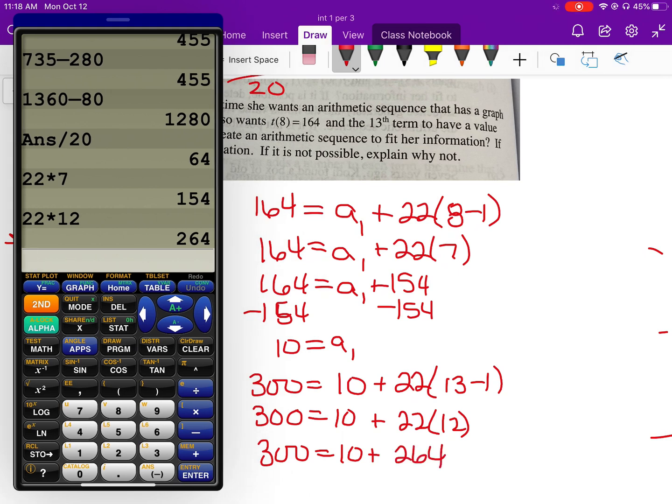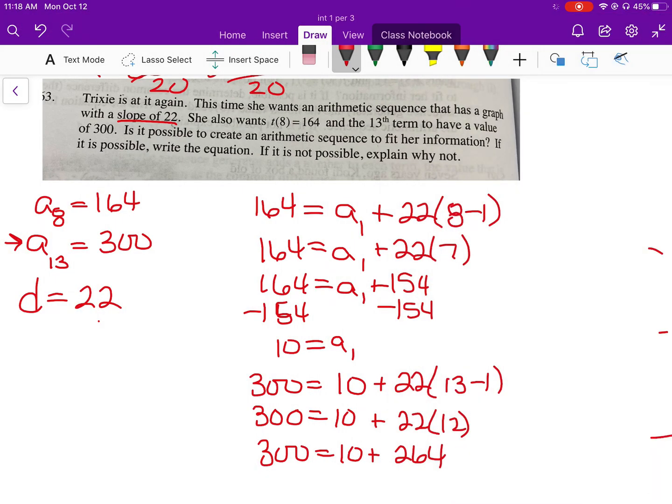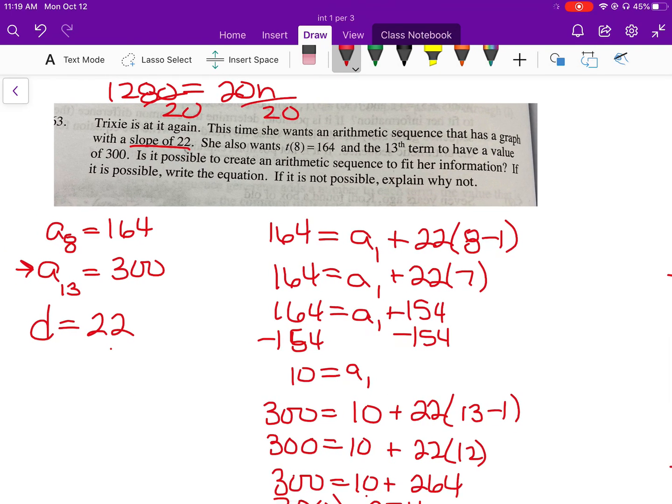Uh-oh. Is that going to work? Why isn't it working? Is 300 equal to 10 plus 264? No. Here's the thing. Because they gave me both terms and the slope that needed to work, I had to check both, to make sure it worked for both.